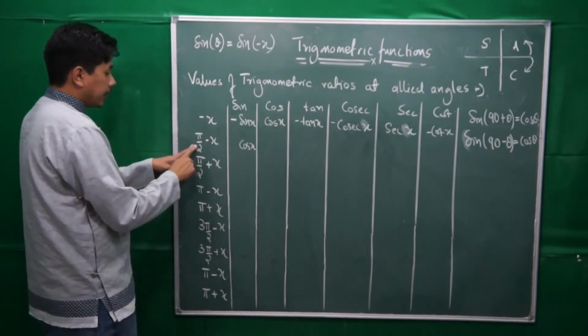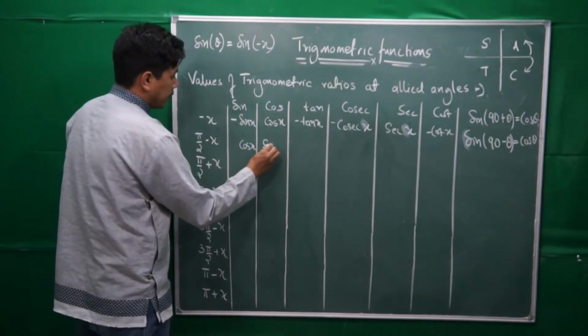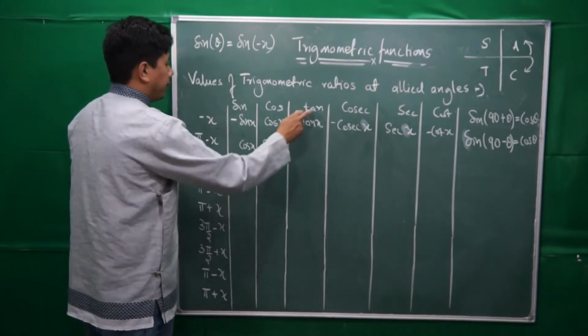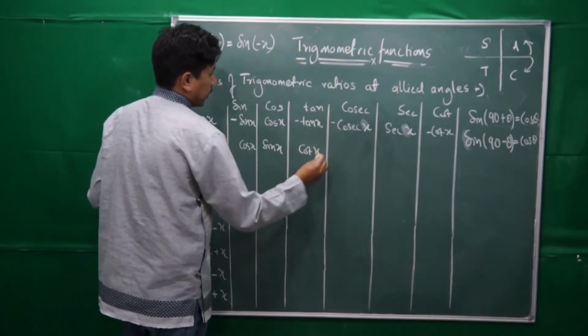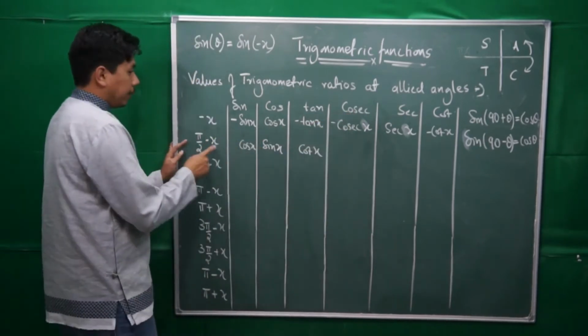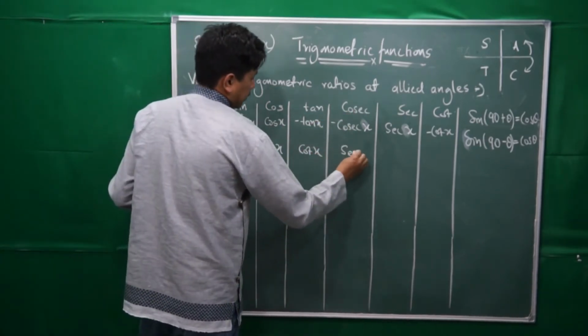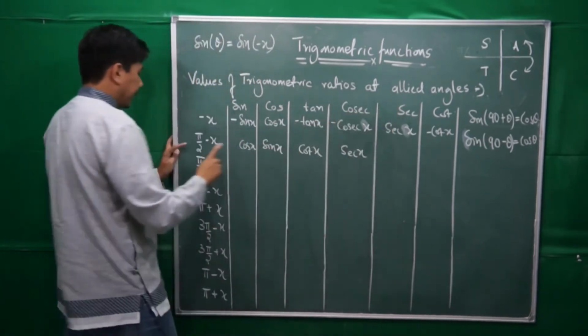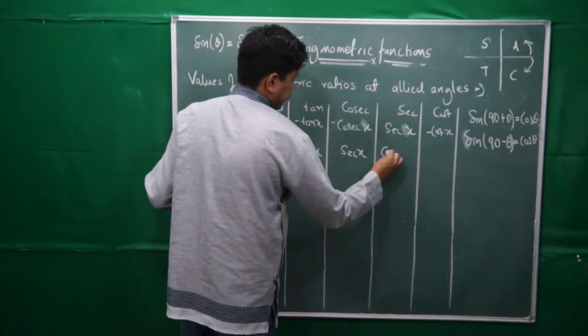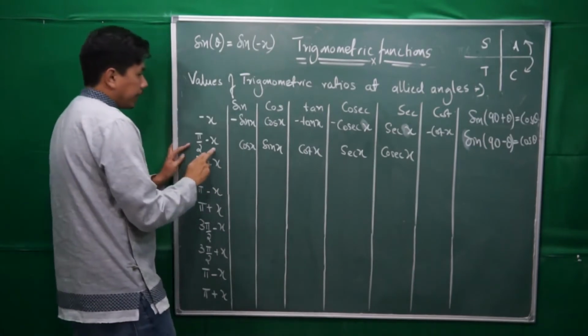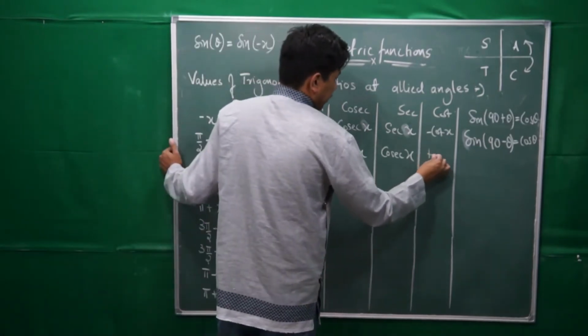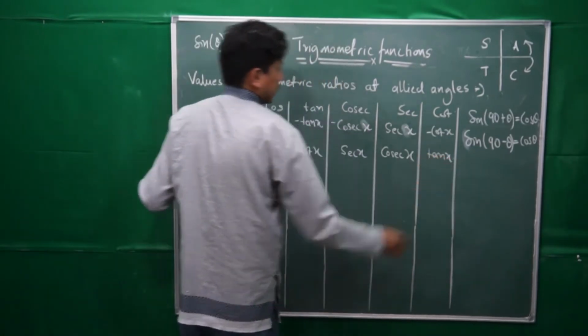For cos 90 minus x, we have sin x. For tan 90 minus x, cot x. For cosec 90 minus x, sec x. For sec 90 minus x, cosec x. For cot 90 minus x, tan x.